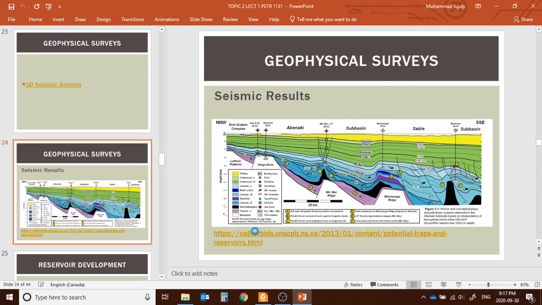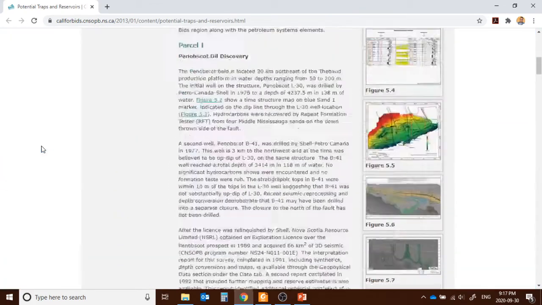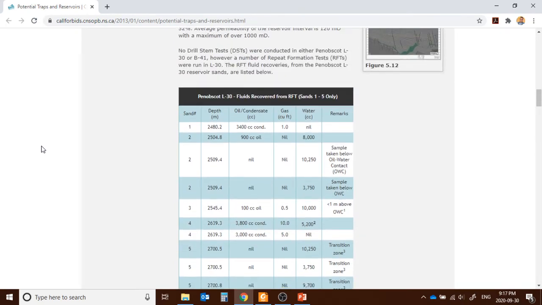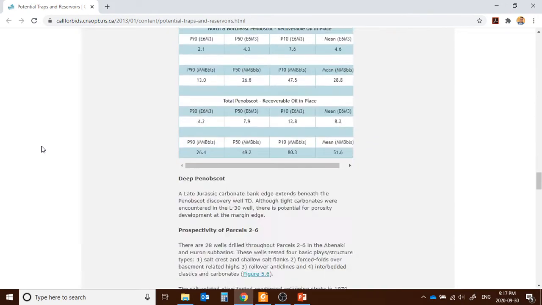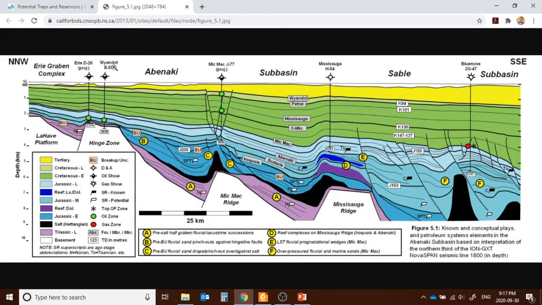These are the seismic results, and there is a web page for the CNSOPB, the Canada Nova Scotia Offshore Petroleum Board, used to find the potential traps and reservoirs. This would be a perfect case study for you to see whether any oil and gas is near the offshore of Nova Scotia or not. You can go here and find what the potential areas are.